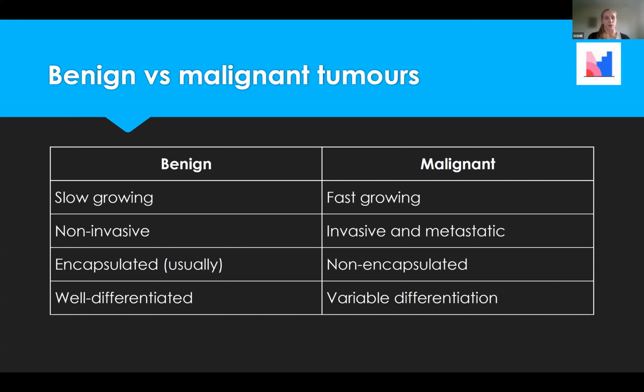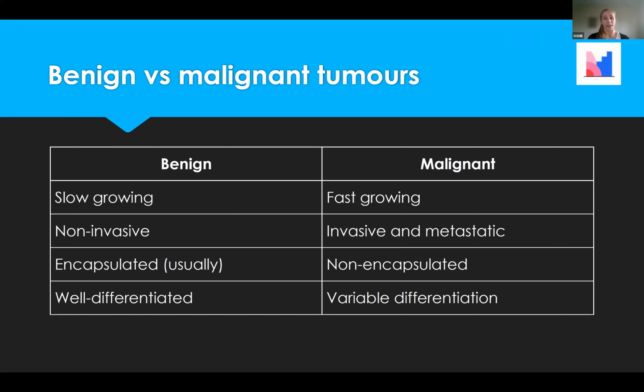They can just be there for quite a long time. It's something like warts, they can be there pretty much for the entire life, and stay the same size and do nothing at all, no harm at all. They also usually tend to be encapsulated, which is also associated with this property of not really spreading as much. And they tend to be quite well differentiated versus the malignant tumors.